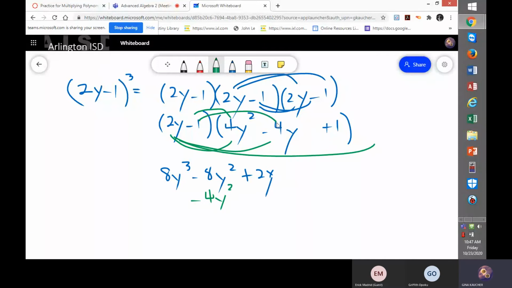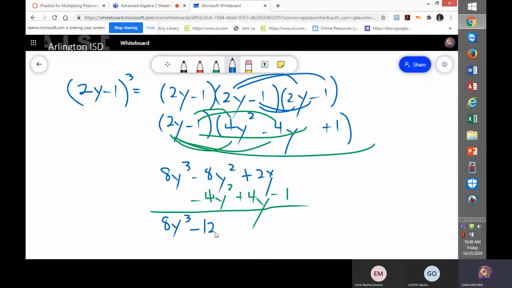We have negative 1 times negative 4y, which is 4y. Negative 1 times positive 1, which is negative 1. You're going to add these together. Okay, so that gives you 8y cubed. And then you add the squareds together, you get minus 12y squared, your y terms together gives you 6y, and then minus 1.